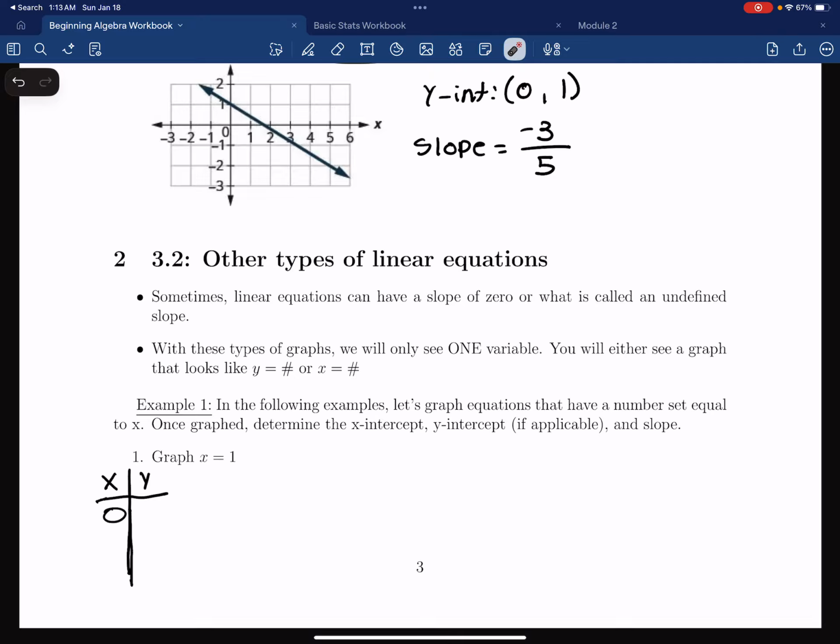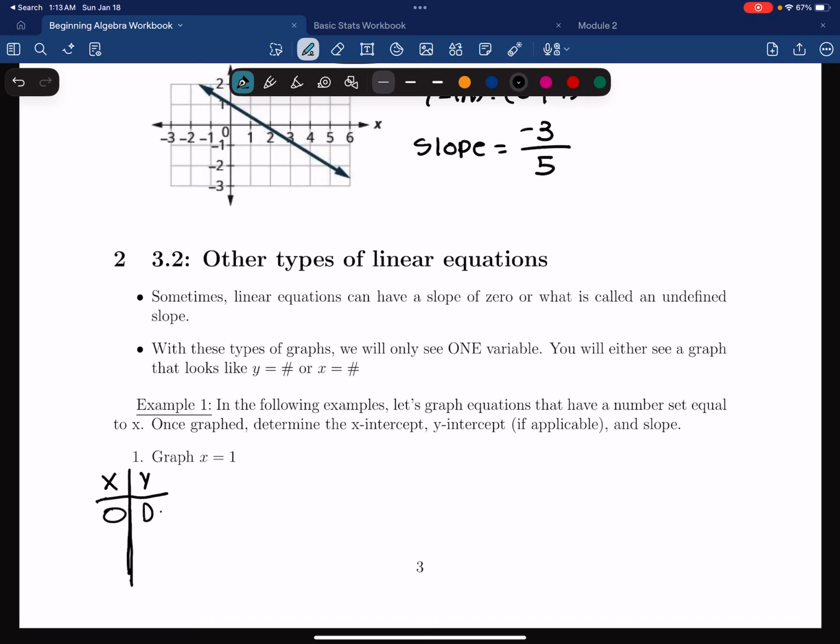If you don't understand how to solve linear equations, definitely take a look at Unit 2, because recall, when we get a false statement, for example, 0 equals 1, that means no solutions. So graphically, our y values don't exist when x equals 0. DNE is just an abbreviation for does not exist. In this video, I'll be writing DNE, so I encourage you to take a note of that.